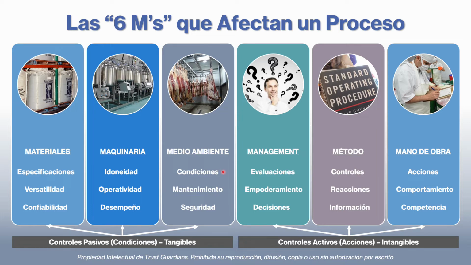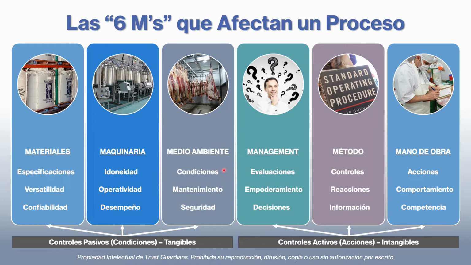The environment is about the conditions of the environment. How is the floor, the ceiling, the walls, the surfaces in contact with the product, the surfaces that are not in contact with the product. All these conditions are related to the environment. The maintenance of the environment, because you can have really nice floors and walls and ceilings, but if you don't maintain them, they start to rust, they start to crack, they start to be not as sanitary as we need.